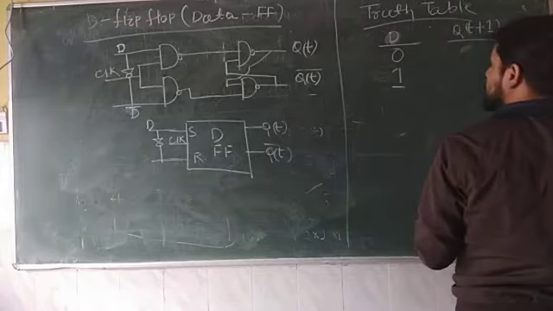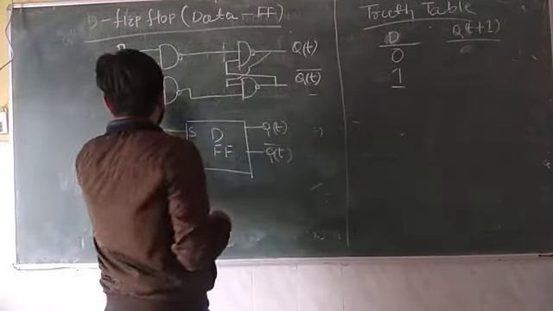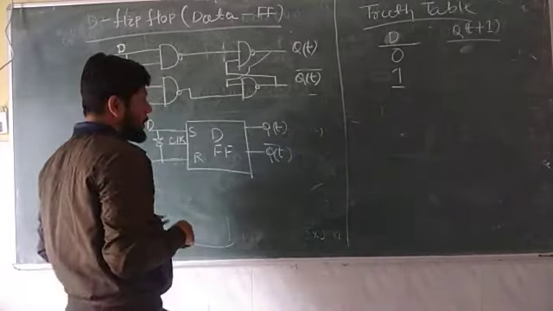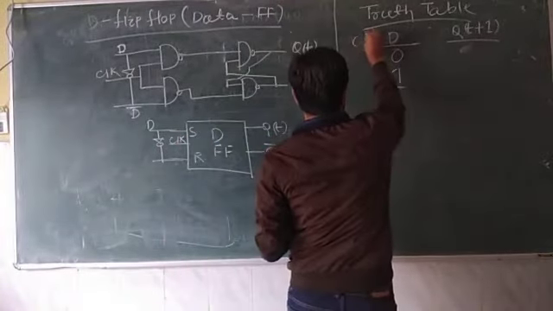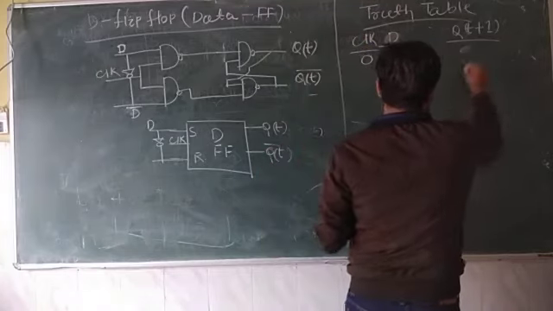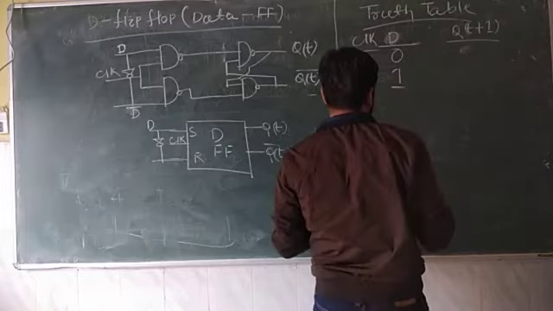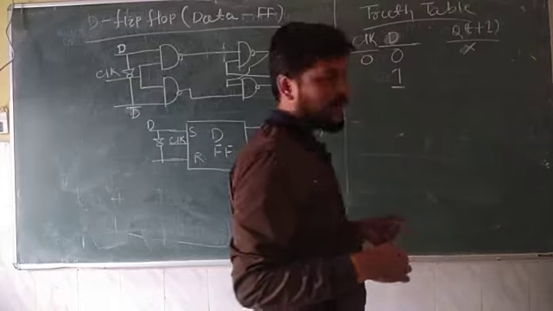So when the clock is 0, D is 0, QT plus 1 is don't care. That means it will retain its previous state.